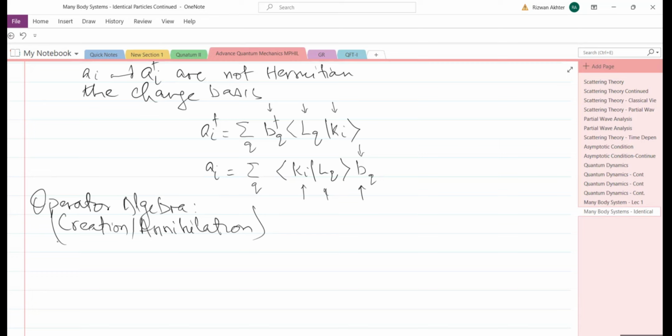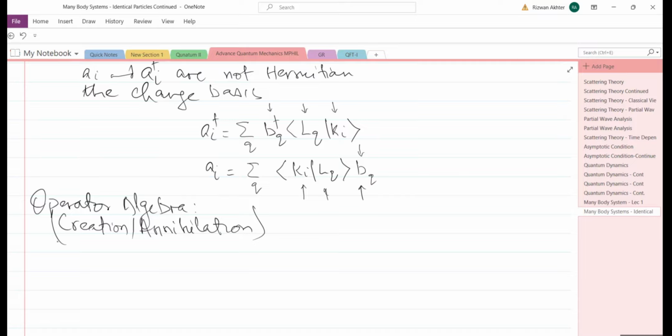So creating particles in any sequence or order differs from any other sequence or order by a factor which is known as a phase factor.